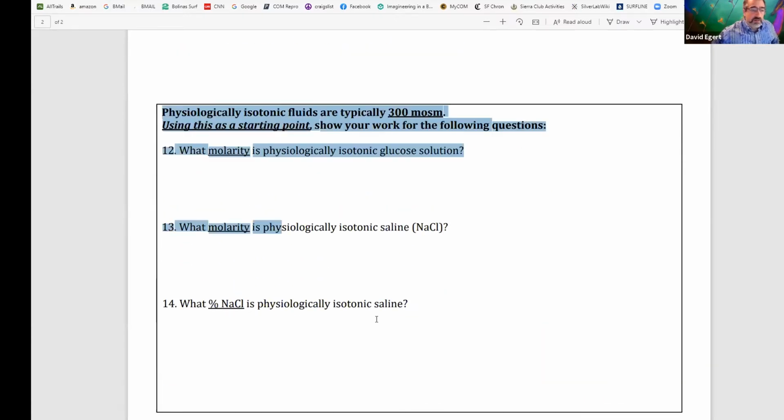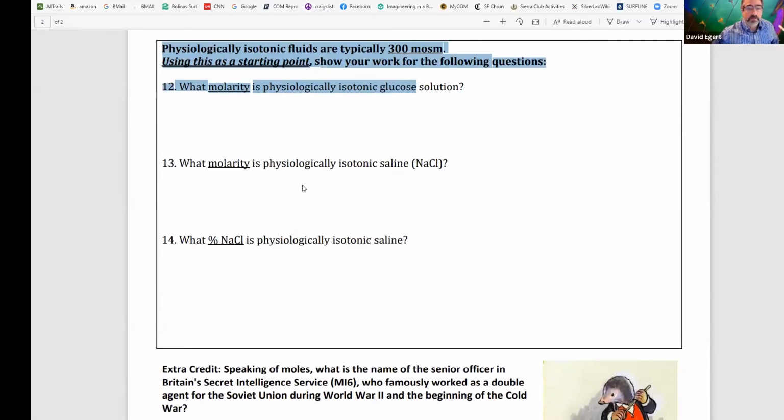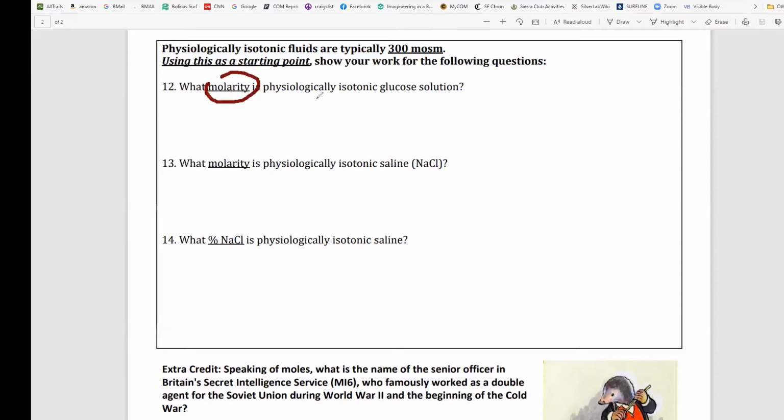This part, some people did great and some people really didn't. So let's talk a little bit about it. The first part asks what is the molarity of physiologically isotonic glucose.